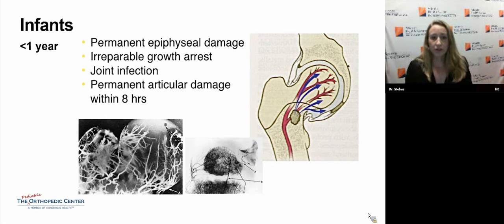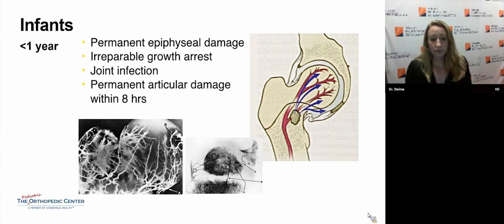In infants less than 1 year old, the infection that's in the bone can spread to the joint and cause permanent epiphyseal damage, so damage to the epiphysis, because the blood vessels can spread to the end of the bone and then spread into the joint. If this happens, that's a septic arthritis, and that can develop permanent articular damage within 8 hours of the infection spreading to the joint.